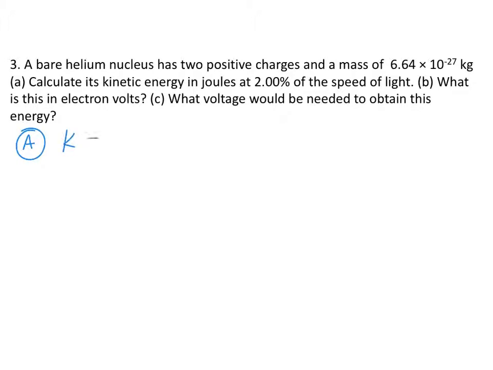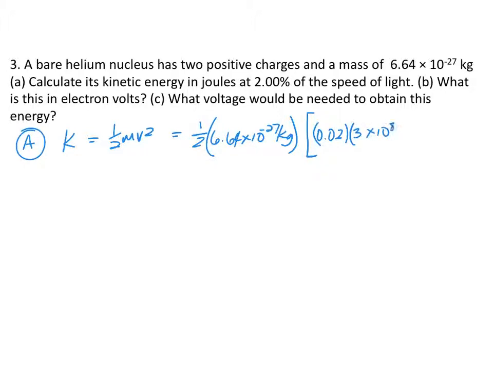Kinetic energy, you know it's half mv squared, so we're going to get 1/2 the mass of the helium, and then at 2% of the speed of light, that means 0.02 times 3 times 10 to the 8 meters per second. That gets squared.